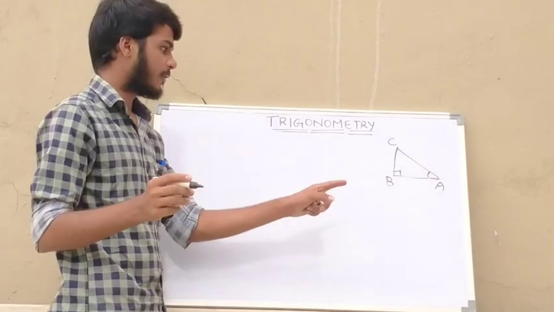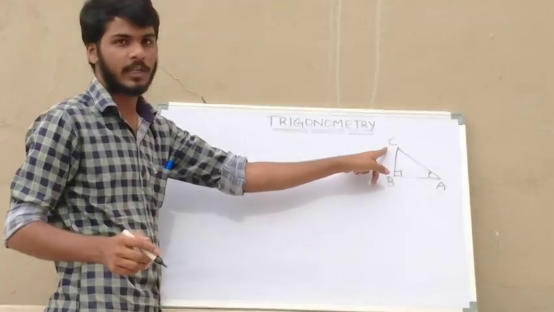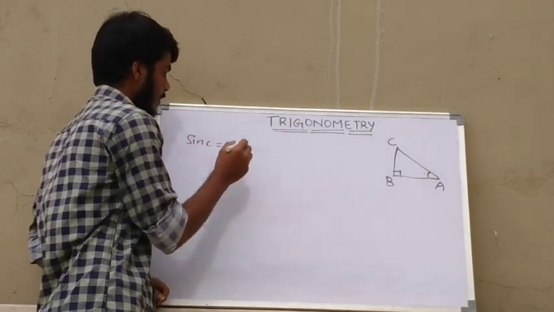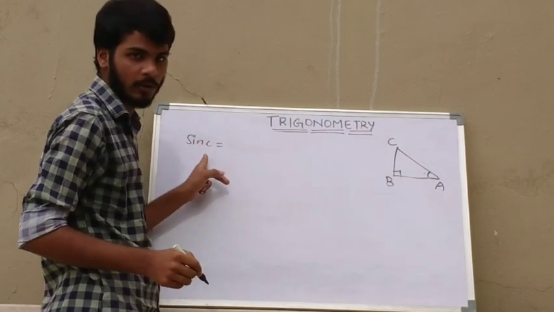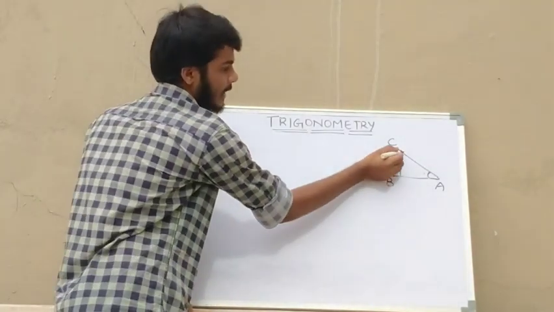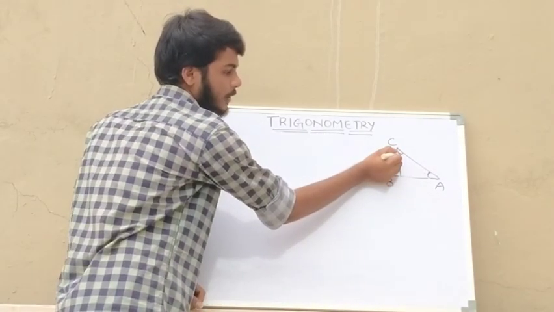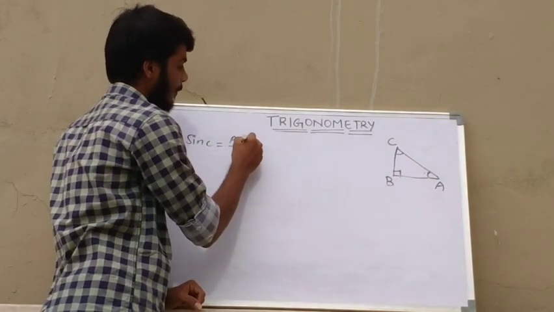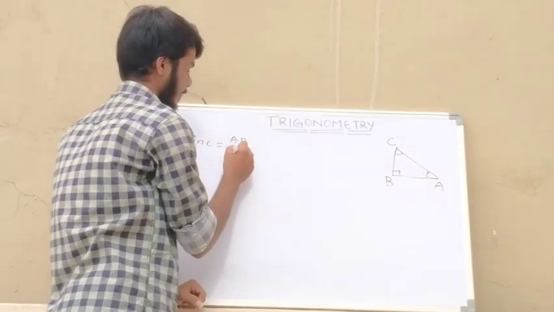So not only in case of A, we can take also in case of C. So comes to sin C. Side opposite to angle C. This is the angle C. The exactly opposite side is AB by hypotenuse. Hypotenuse is AC.